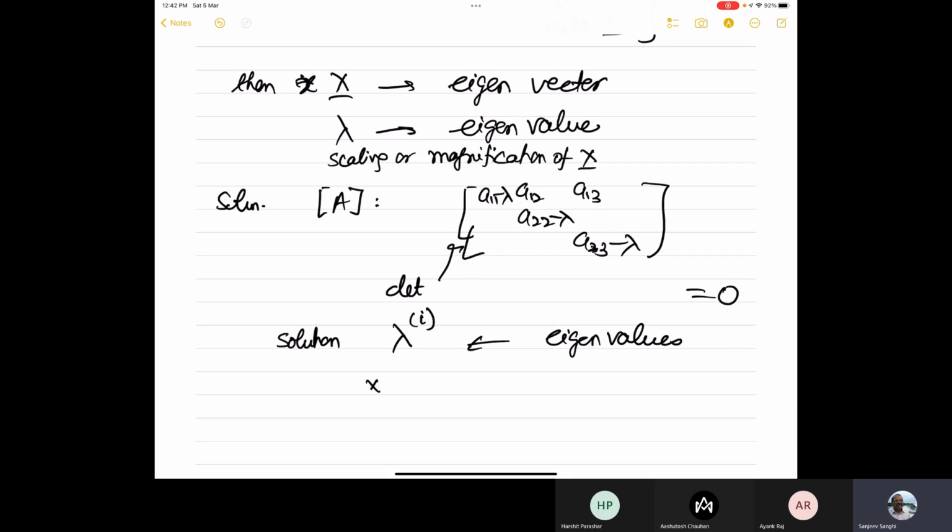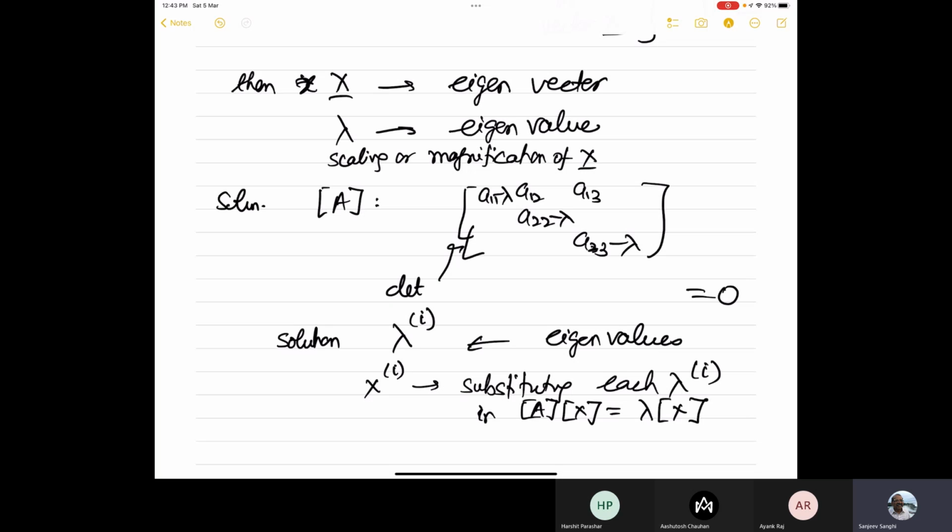and x you find by substituting each lambda in Ax is equal to lambda x. So x will not be known.